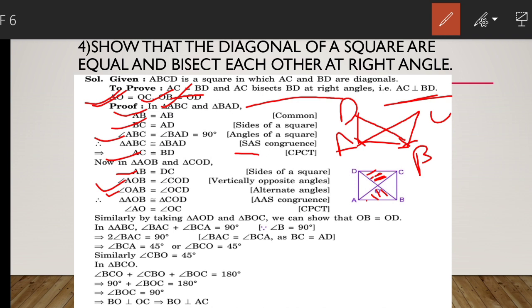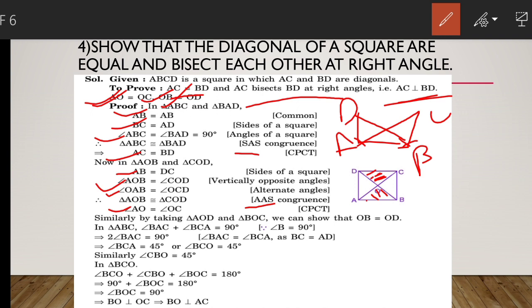Since a square is a special kind of parallelogram, we can say AB and CD are parallel and AC is a transversal. So we can say angle OAB and angle OCD are alternate angles. So this proves that OA and OC are equal by CPCT, and the triangles are congruent by angle-angle-side congruency rule.